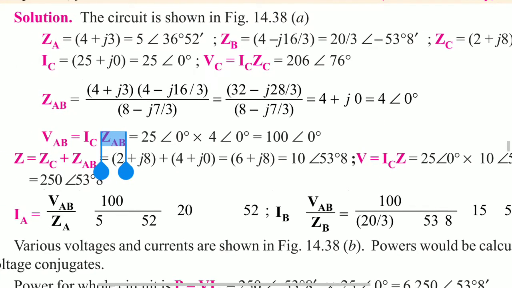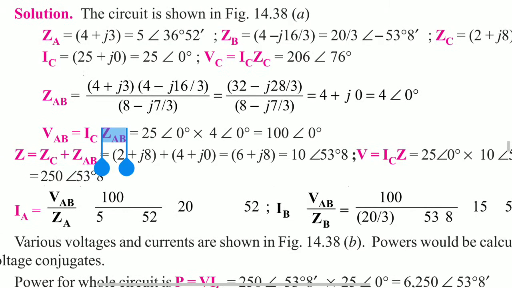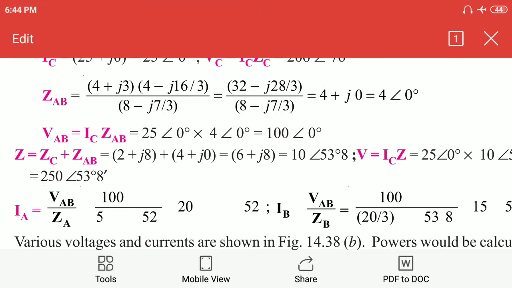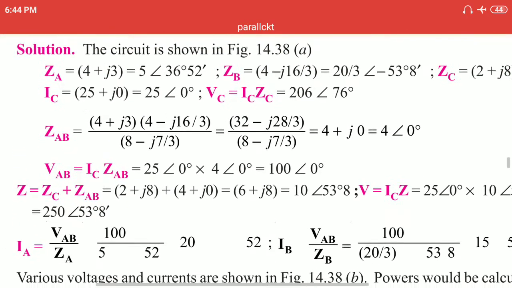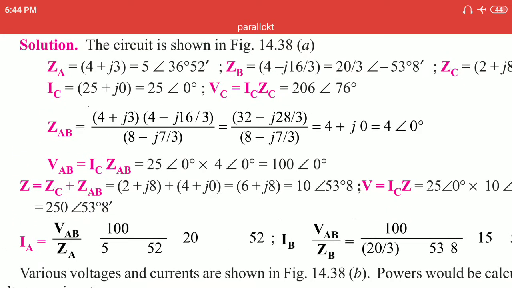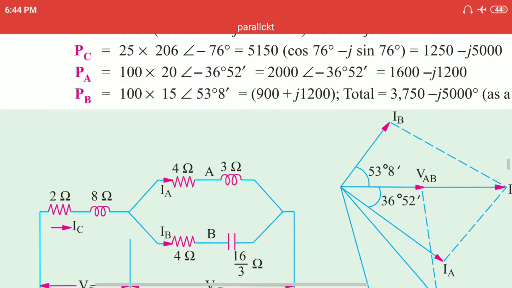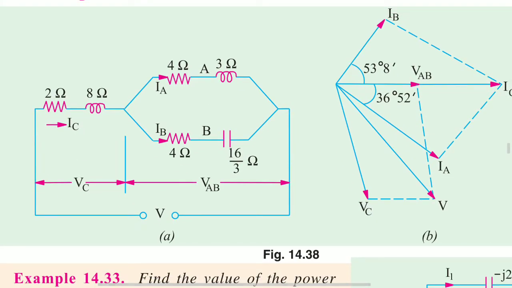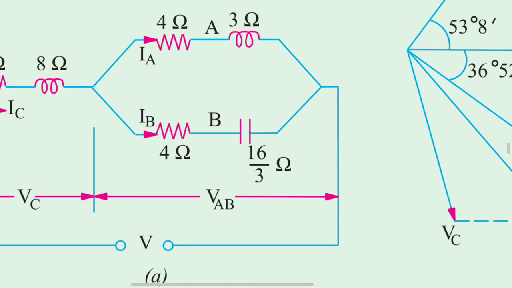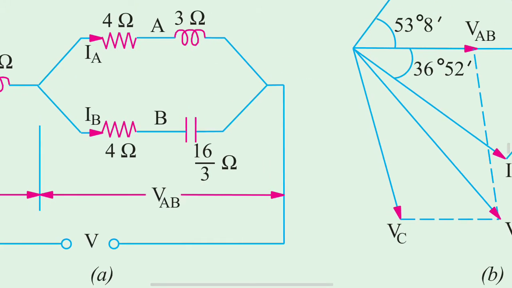Now go for VAB. VAB is the voltage across the AB branches, these parallel branches.